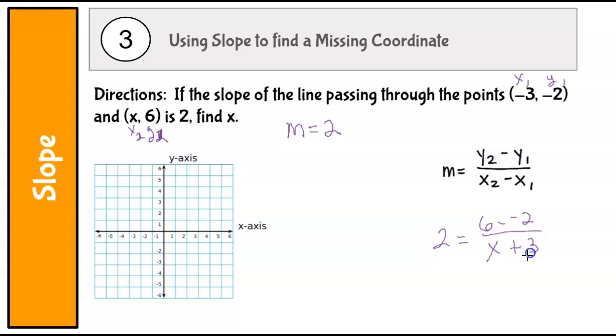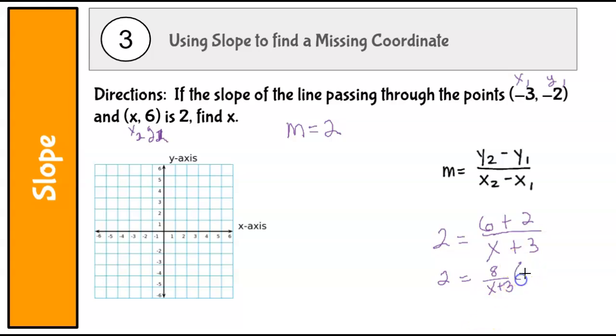I should have done that up there too. 6 plus 2 is 8. So this is 8 over x plus 3.